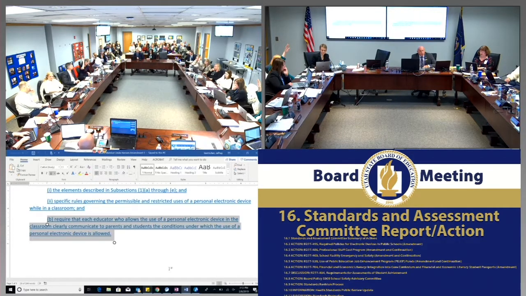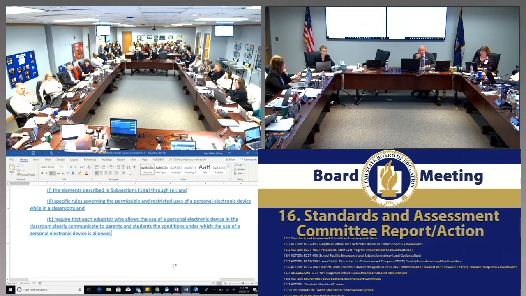Board Member Gravitt, Board Member Lear, Board Member Newell, Board Member Belknap, Board Member Davis, Board Member Cannon. Okay, motion fails. So we're back to the original amendment that has those lines in it.